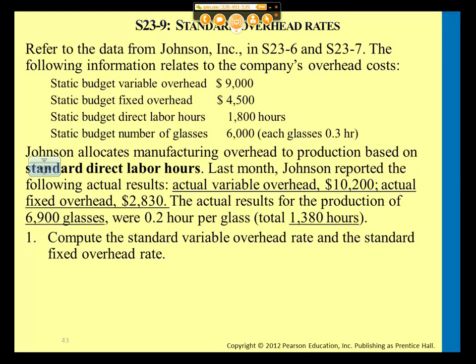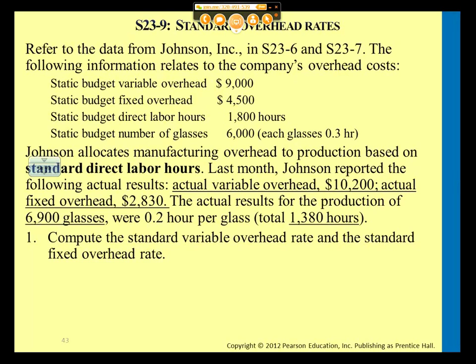Okay, so we have static budget variable overhead, static budget fixed overhead, budget direct labor hours, and budget number of glasses, all static, given to us. Johnson allocates manufacturing overhead to production based on standard direct labor hours.